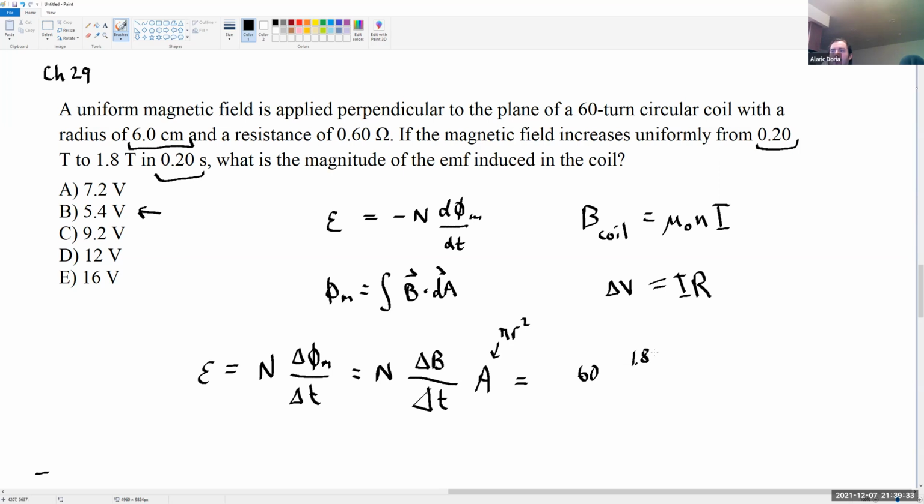Let's write some of this down just to have it all here: 1.8 minus 0.2 divided by 0.2, and then times the area, which is pi times 0.06 meters squared. If you crunch the numbers, you end up with roughly 5.4 volts, which is the correct answer. Okay, we'll be back with a question from chapter 30 in just a second.